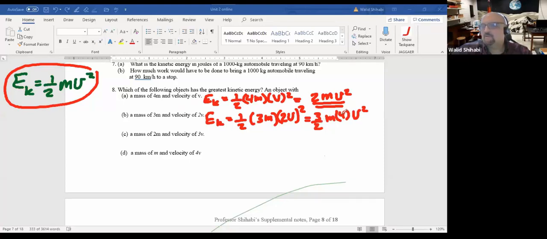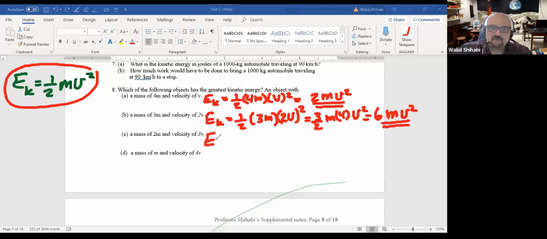The 2 will cancel out with the 4, the 4 will become 2, so this will give you 6mv squared. Okay, guys, 6mv squared, because 4 divided by 2 will give you 2, and 2 times 3 will give you 6. So you can see here, option B is bigger than option A. Now let's look at C.